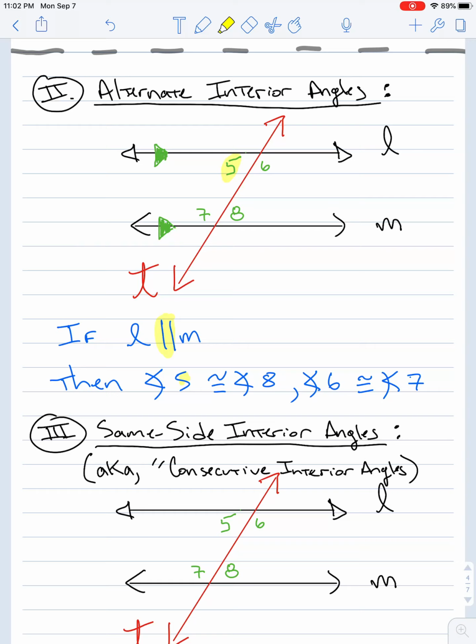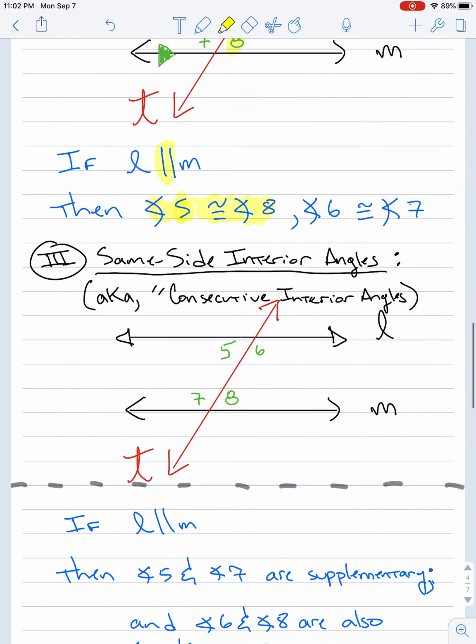I'm going to choose angle 5 is going to be congruent to angle 8. You can see that here. So one angle is to the left of the transversal. The other angle, angle 8, is to the right or the alternate side of the transversal, and both of them are interior. What's so special about them? They are congruent.